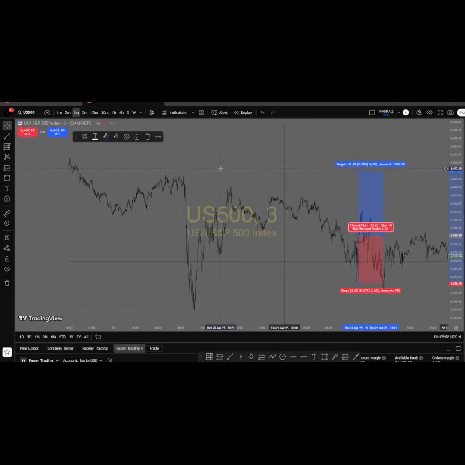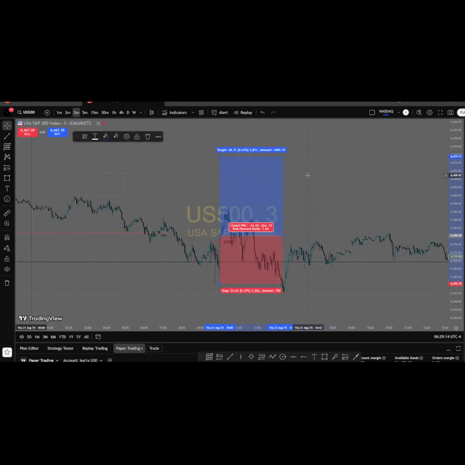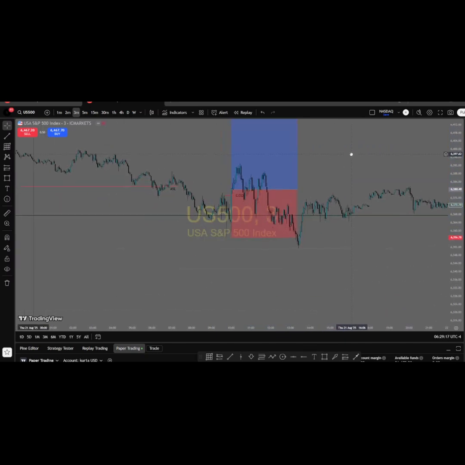You can see that there were so many highs to target on the left, right? So once I got into that trade, I took only one position right here. We traded higher, then started the retracement.